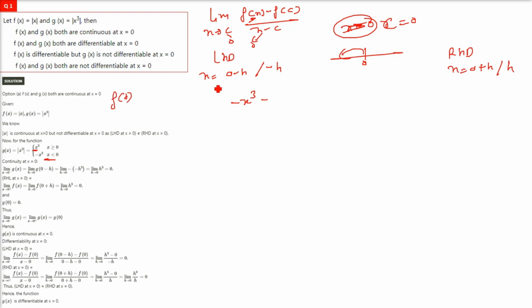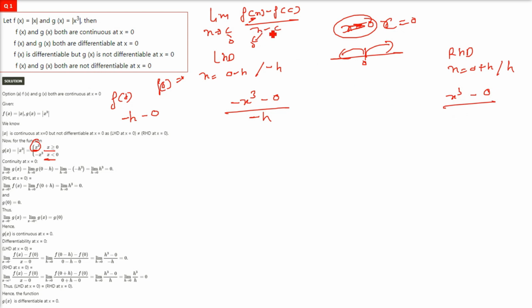So f(0), we have already checked just now in the continuity, f(0) is 0 only. So minus x cube in place of f(x), minus f(c), that is 0, divided by x minus c, that is minus h minus 0. But let us see the right hand derivative also. Right hand derivative, you have to put x cube, and f(c), that is f(0), is 0, we already checked it.